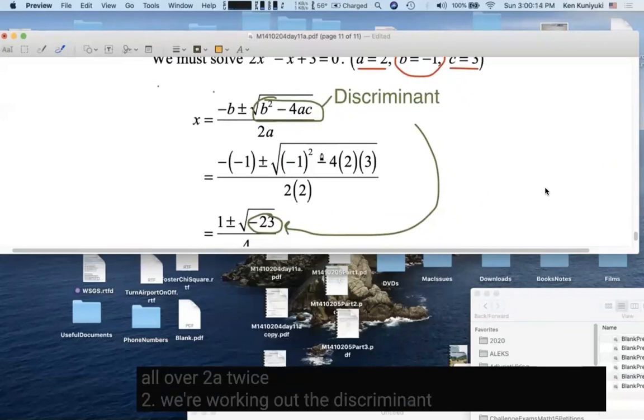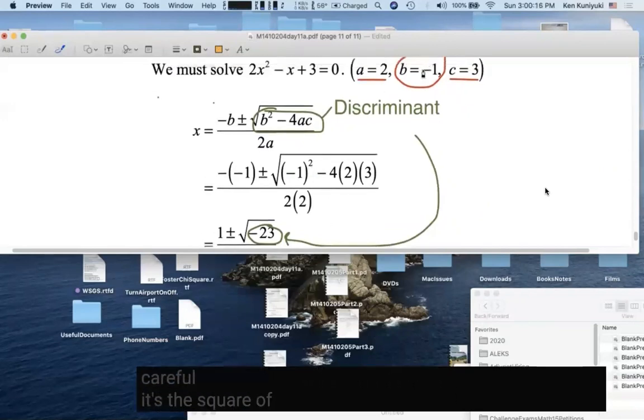When working out the discriminant, be careful. It's the square of negative 1, so we have plus 1 here, minus 4 times a times c, so it's minus 4 times 2 times 3. 1 minus 24 gets you negative 23. Remember, use grouping symbols here.